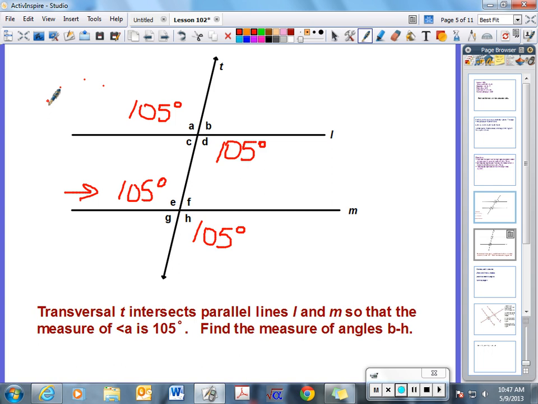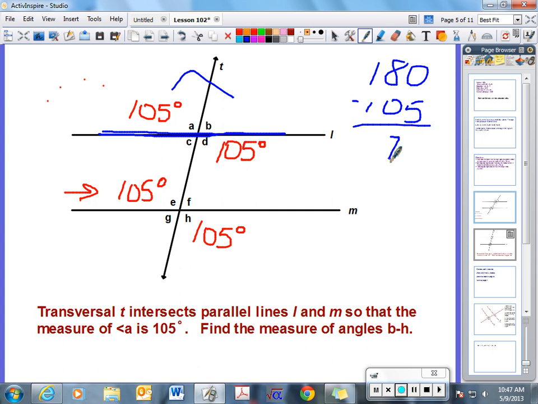Alright, now let's look back up here at A and B. We have had this pair of angles mentioned quite a bit this year, and that is that A and B are supplementary because they form this straight angle that I'm tracing right here. Well, if they're supplementary, I know that I can take 180 minus 105, and it will give me 75 degrees.